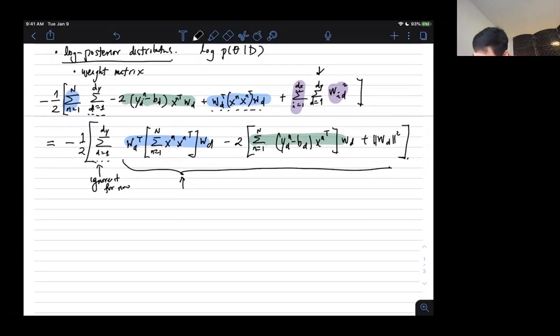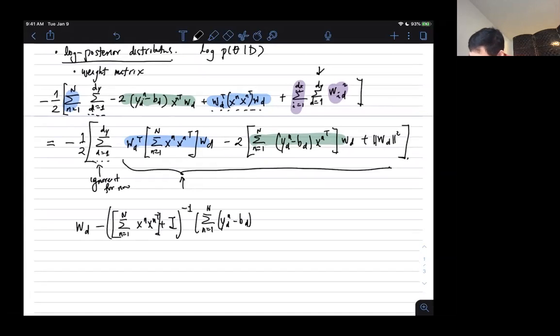What I'm going to show is that if we write it as the sum n from 1 to N, x_n x_n transpose plus the identity, and then the inverse, and then yet another sum, n going from 1 to N, yd_n minus bd. Oops, not n there, right?